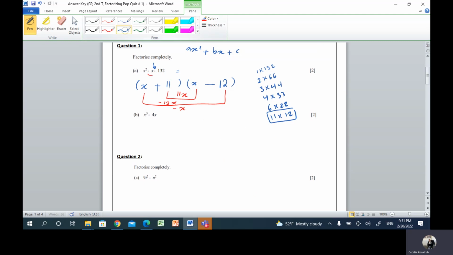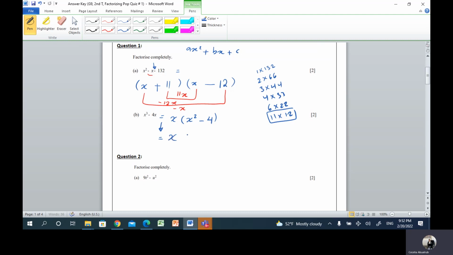Let's go to the second one. So x cubed minus 4x, we need to find the common factor. x is going to come out, and x times x squared will give us back x cubed, and x times minus 4 will give us minus 4x. So this is a two-step factorizing.